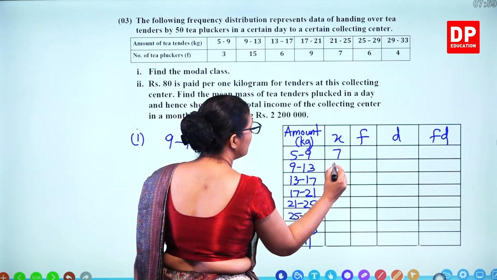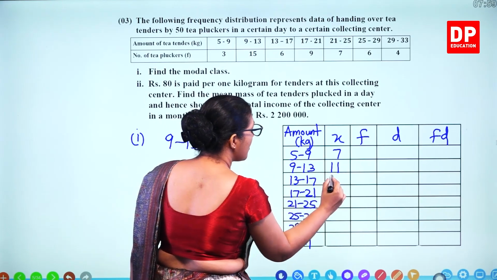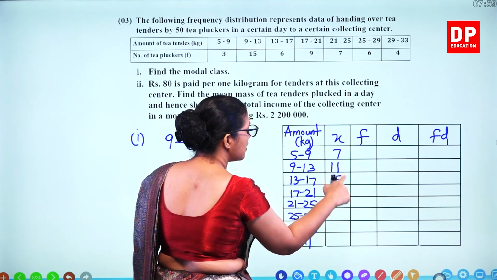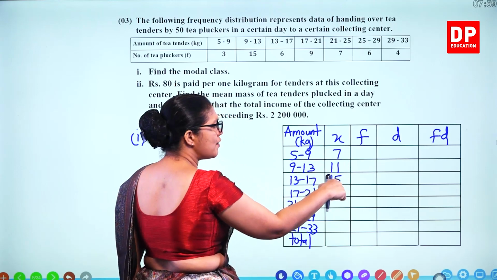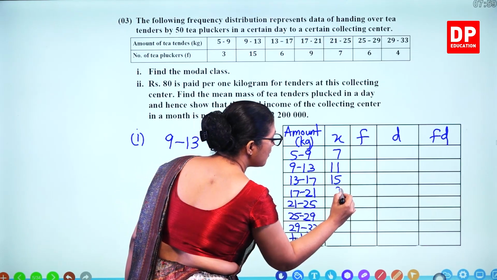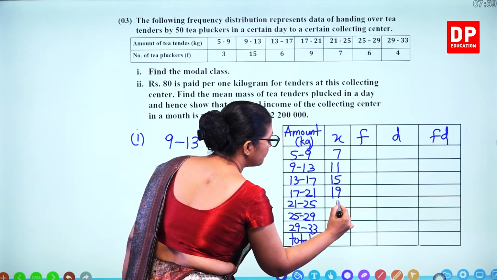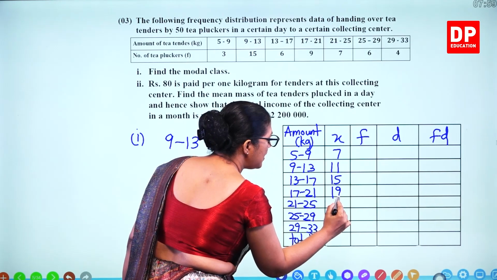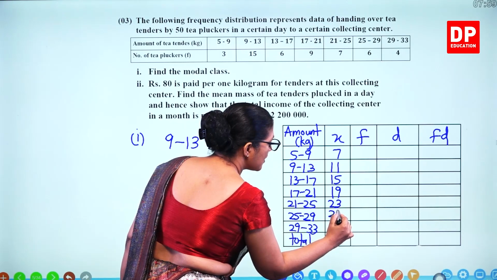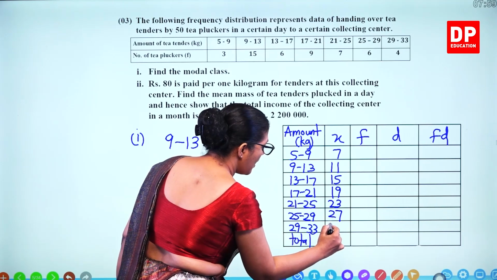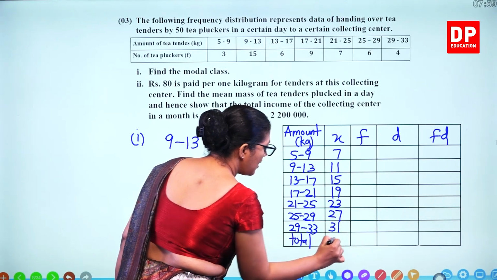So that means adding 2 to this. 9 plus 2, 11. 13 plus 2, 15. So each time we add 4. 4 plus 19, then 4 plus this, you get 27 and 31.